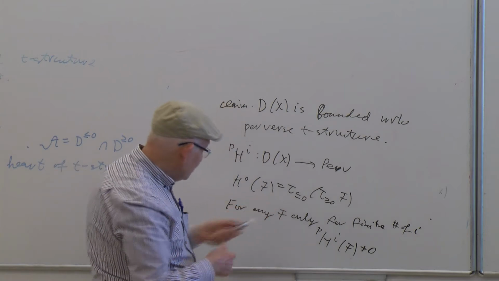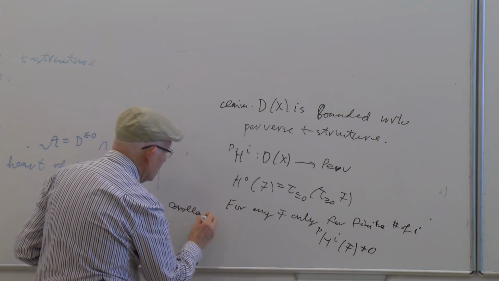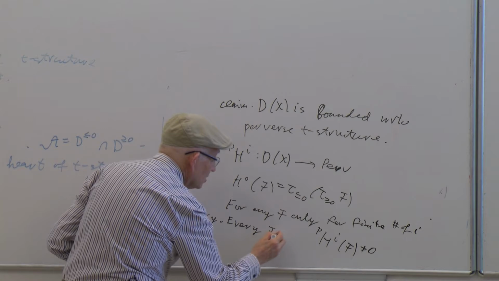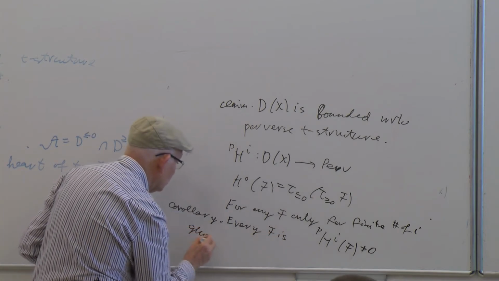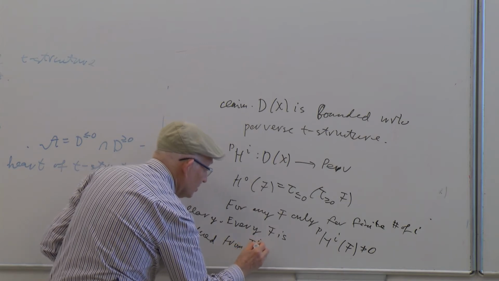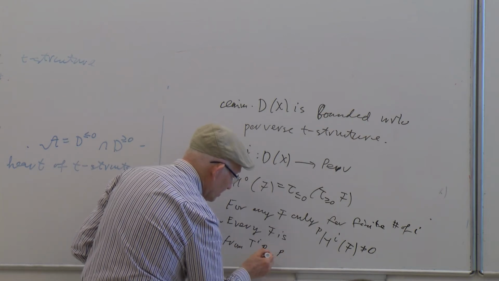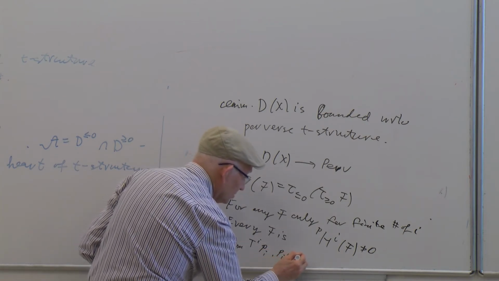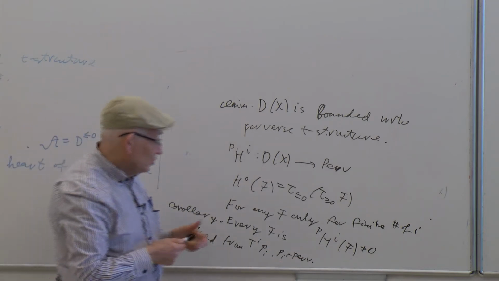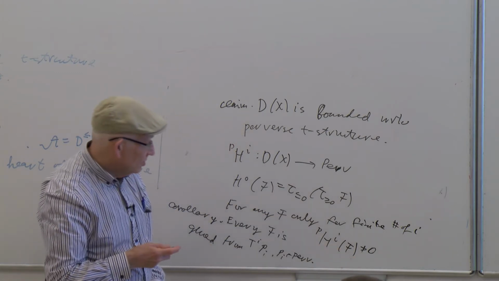Okay, so what does it mean? This means that, corollary, every f for this particular T-structure is glued from objects T to the i of P_i, a finite number of objects, where P_i are perverse sheaves. So you have any object, only a finite number of things not equal to 0.